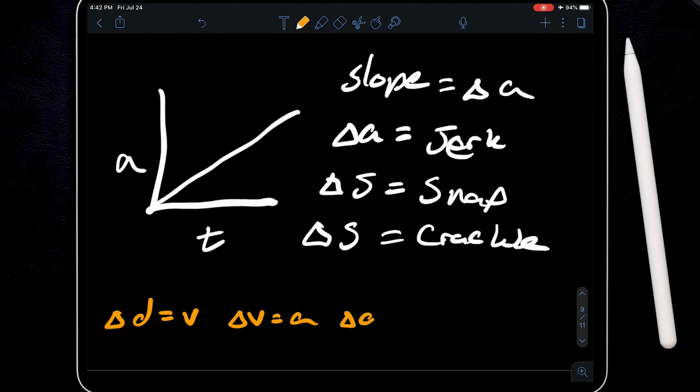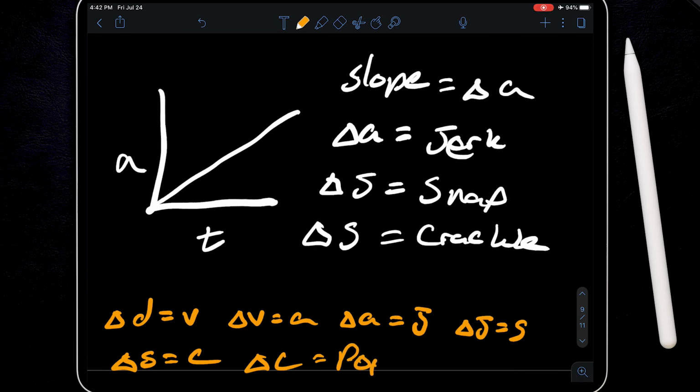A change in acceleration, we call that a jerk. A change in jerk, we call that a snap. A change in snap, we call that a crackle. What do we call a change in crackle? Well, believe it or not, and this is 100% true, the physics community has come together and decided that a change in crackle will be called a pop.